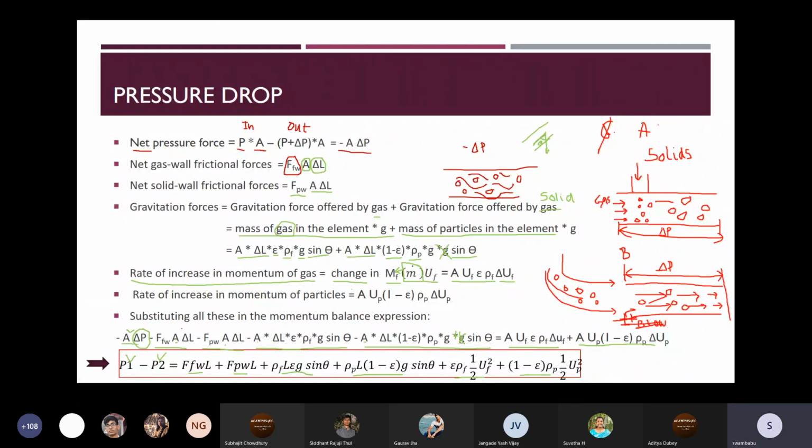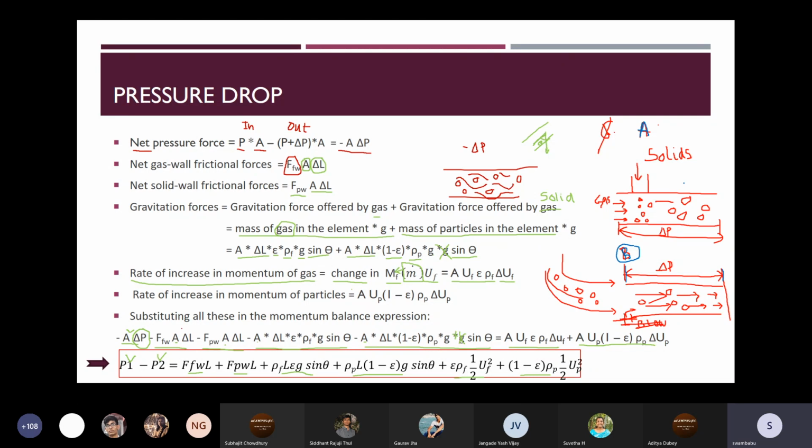So this is the case A, where we are blowing the gas at this starting point to give some energy to accelerate the particles. In the case B, the particles and fluid are coming from somewhere. The suspension is coming from somewhere and moving, but I am interested only to estimate the pressure drop from here to here.